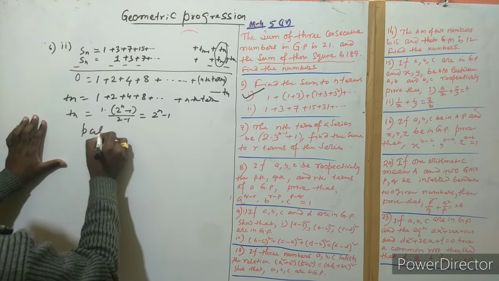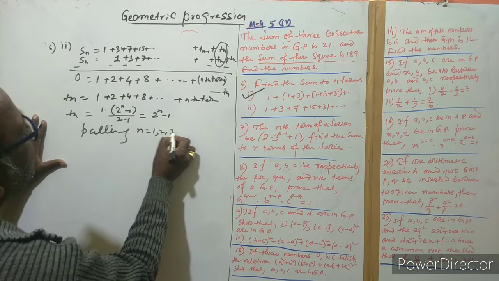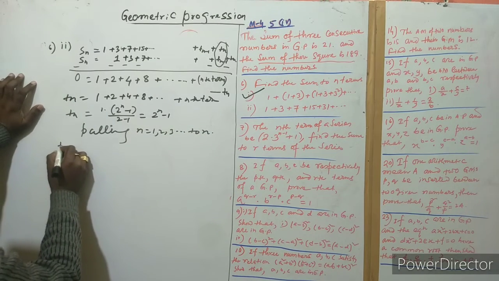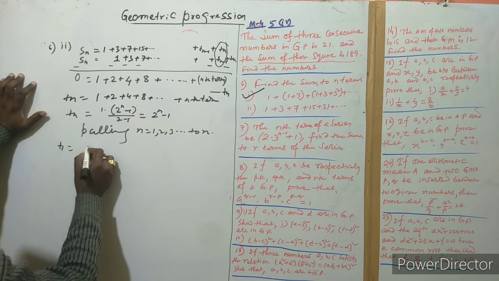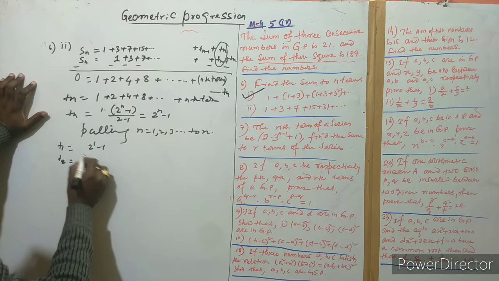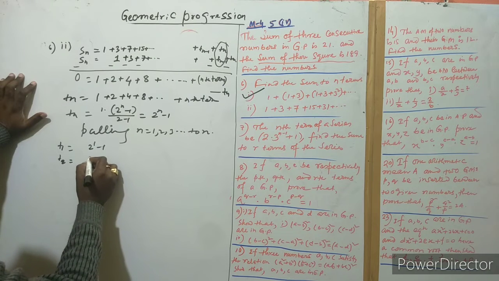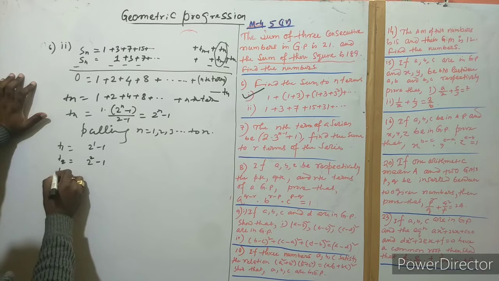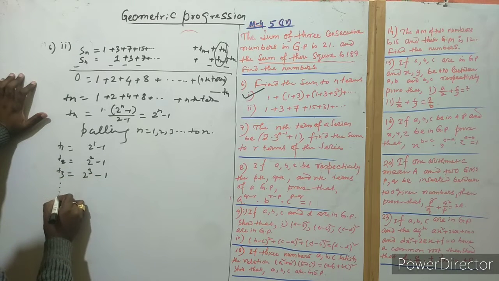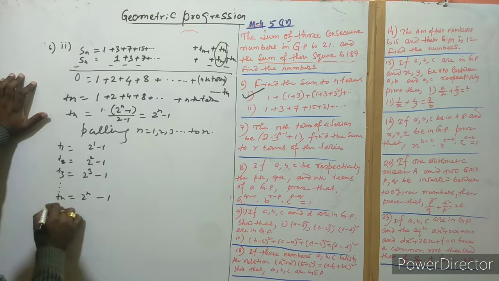Now putting n equal to 1, 2, 3 up to n, we get this is T1, 2 to the power 1 minus 1. You should maintain the order. Don't subtract this, just write it like this. T3 is 2 to the power 3 minus 1 here, and this is Tn, 2 to the power n minus 1.